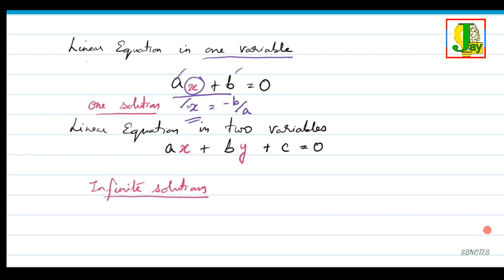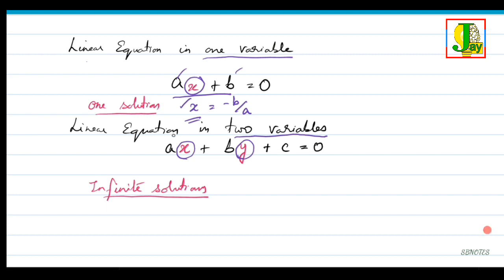So what about a linear equation in two variables? That means the equation is linear, but we have two variables, x and y. The general form is ax + by + c = 0, where a, b, c are real numbers.